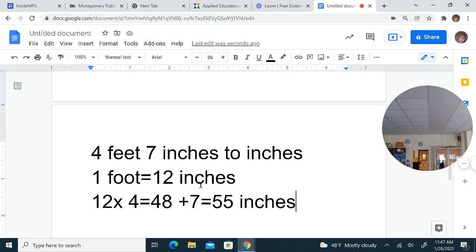Okay, so if it's inches to feet, then that means you divide. Yes. Remember, they told us about going from larger to smaller and smaller to larger.